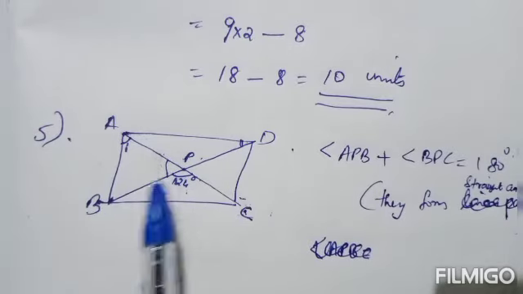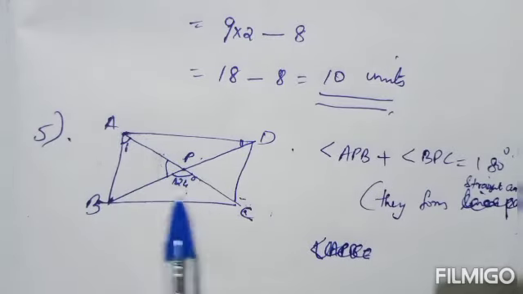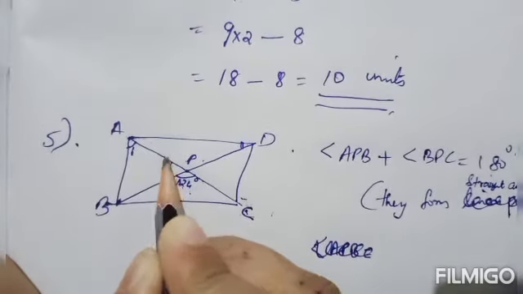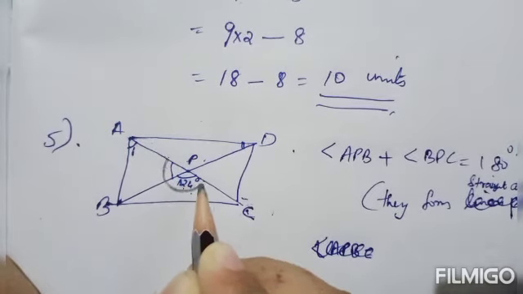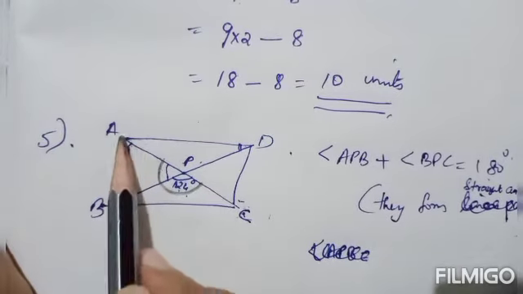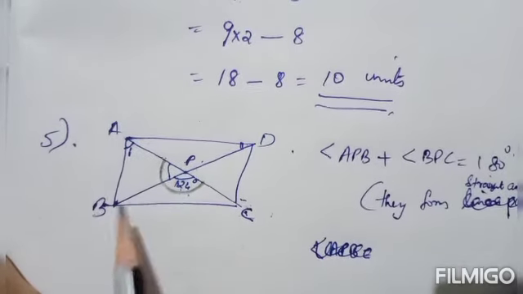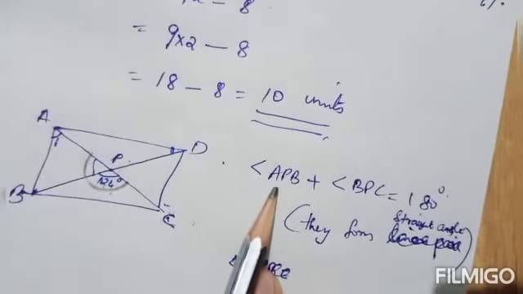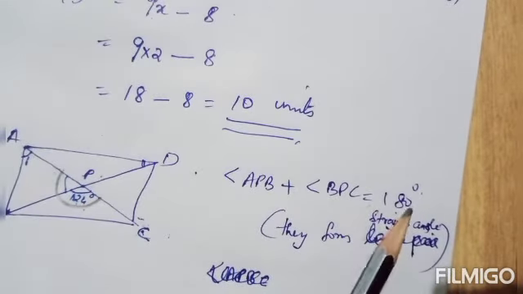Now you can see here angle BPC is given, and AC is a straight line. So this angle will be a straight angle. Since AC is a straight line, angle APB and angle BPC form a straight angle. Straight angle means 180 degree. So angle APB plus angle BPC equal to 180 degree.